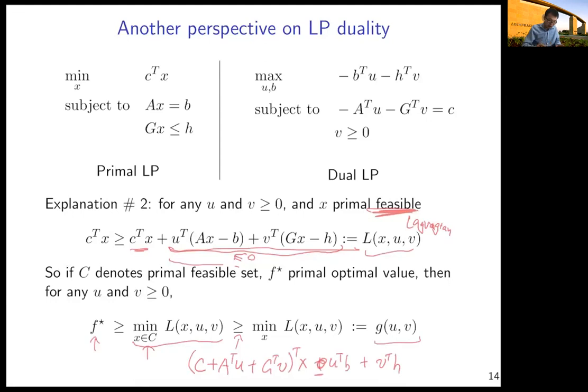That's all the things that we need, and notice that we are minimizing this over x without any constraints. Therefore, provided that this term is not 0, we can choose x to be in a direction a little bit opposite to this, and shoot it to infinity, and that will give us negative infinity evaluation.